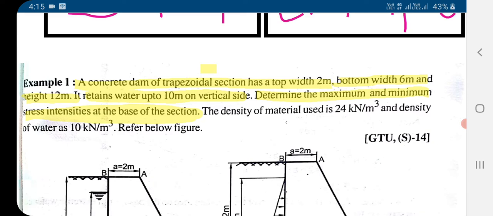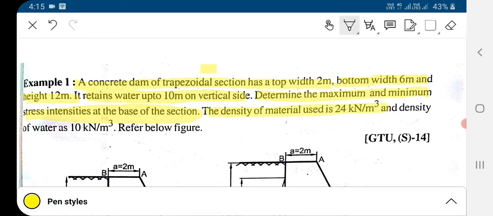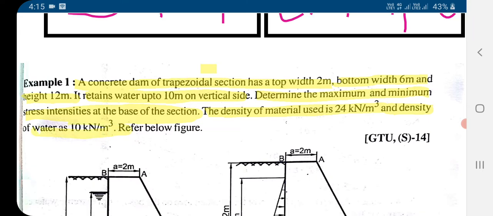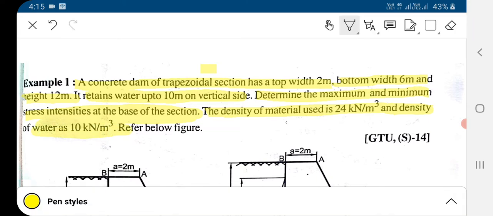The density of material that is given to us is 24 kilonewton per meter cube, and the density of water is not given, but in the example it is said that we have to use 10 kilonewton per meter cube.